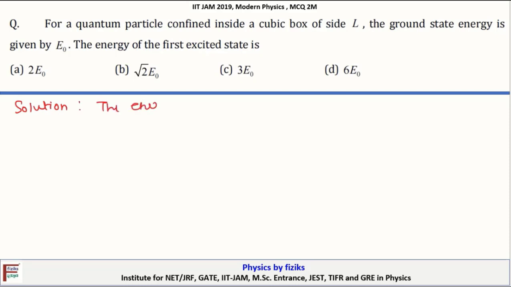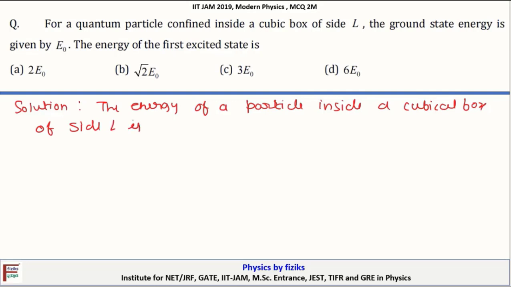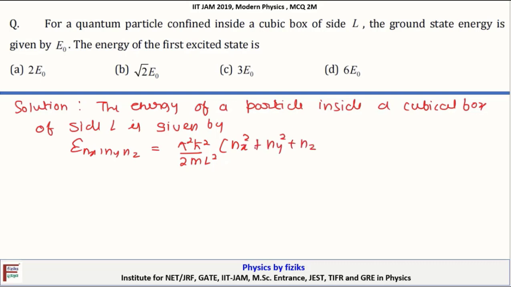The energy of a particle inside a cubical box of side L is given by E(nx, ny, nz) equals pi square h square by 2 m L square times (nx square plus ny square plus nz square).